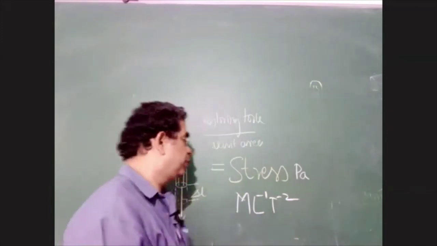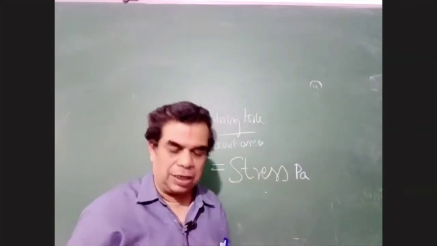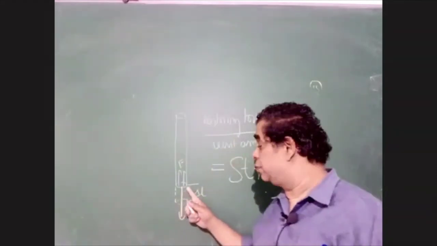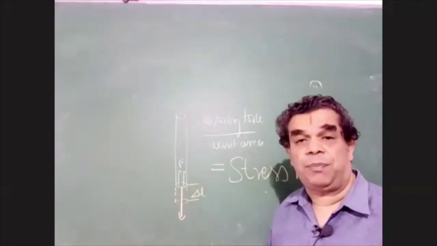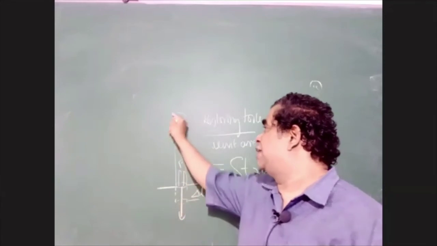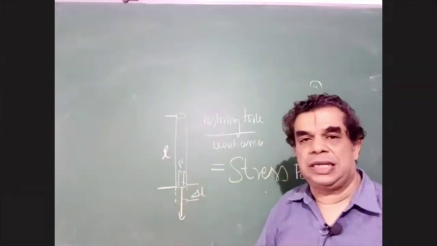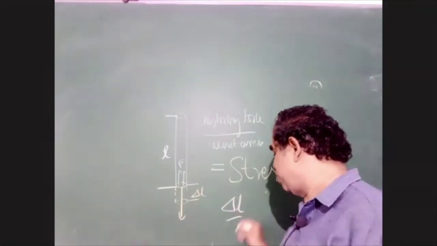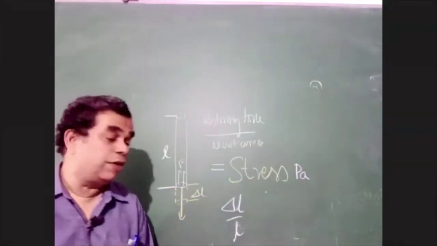Okay, there are three types of stresses that we learn later on. And at the same time, observe carefully here. There's a change in length due to the deforming force applied. Say the original length of this wire is L and the change in length is delta L. If we take change in length by original length, what may we call it?